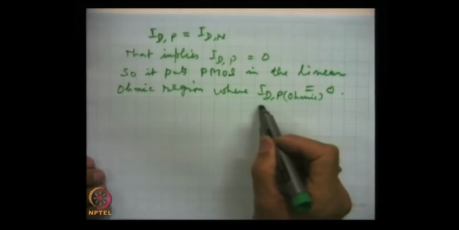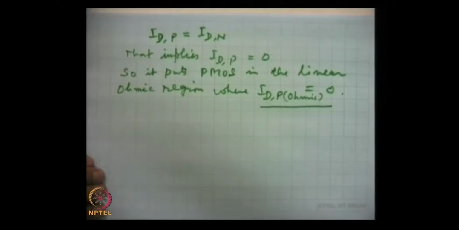And once we write the expression, which we talked about when we discussed the enhancement MOSFET, in ohmic region the drain current is given by a certain expression.